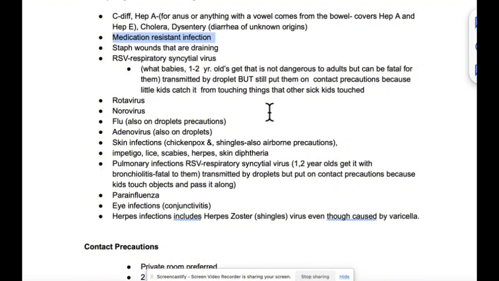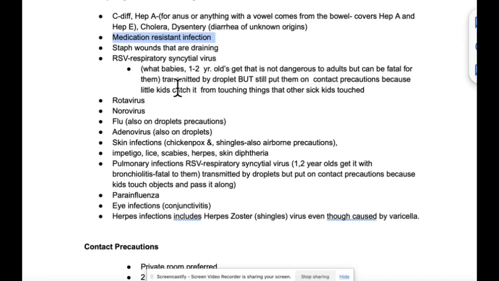So, with that said, it's okay to room two people with the same pathogen. Okay, we'd ideally like for them to be cultured first so that we can know that they are the same pathogen, but sometimes you get two students coming in, both with mono from a dorm, or both with some type of medication resistant infection, maybe even meningitis, from the same area.